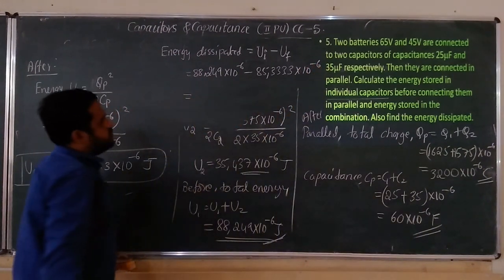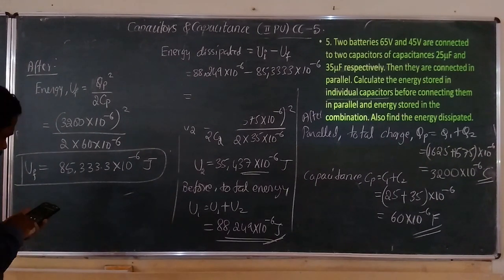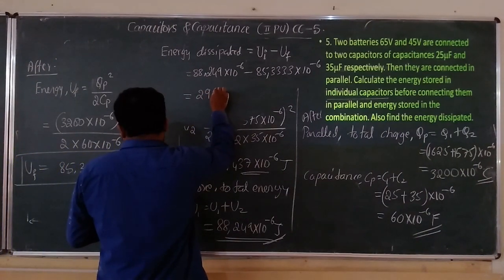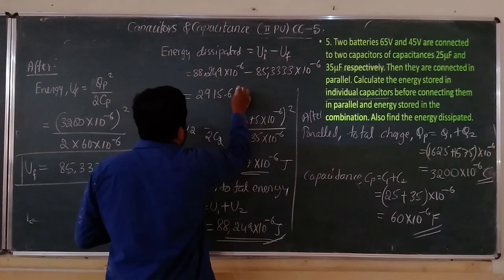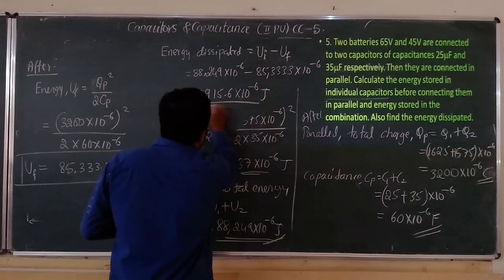So it is equal to the difference, 88,249 minus 85,333.33, which is 2,915.6 into 10 to the power minus 6 joule.